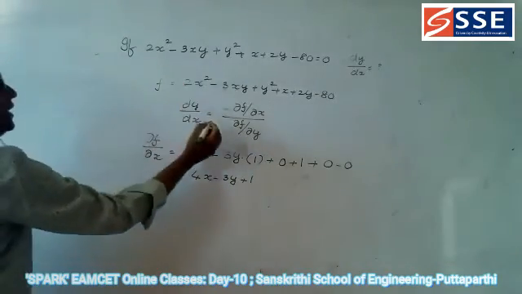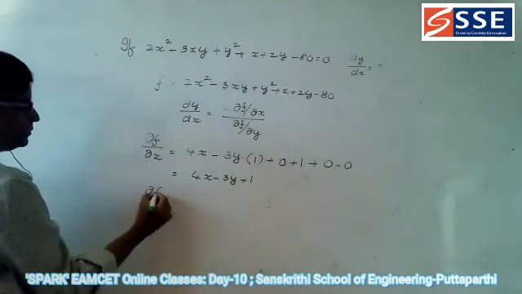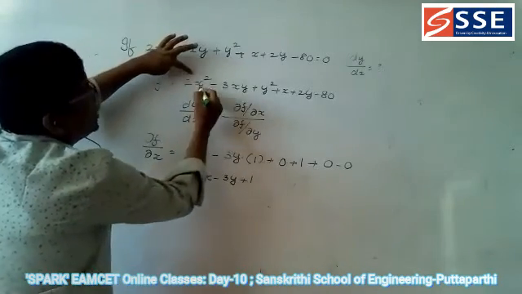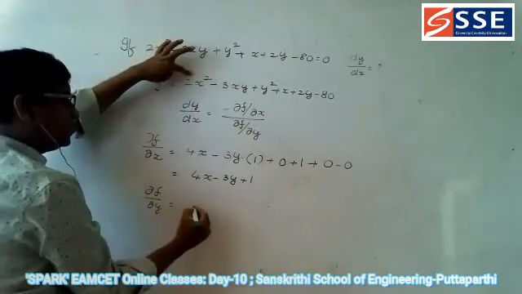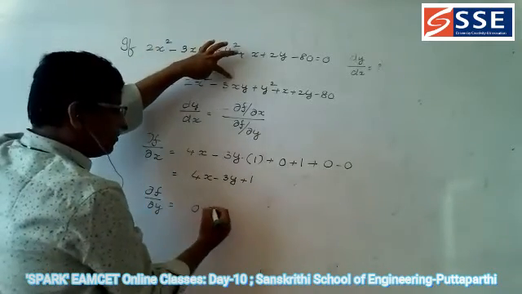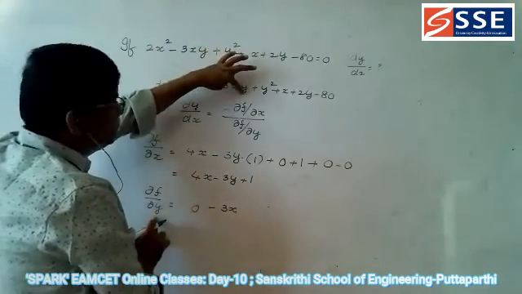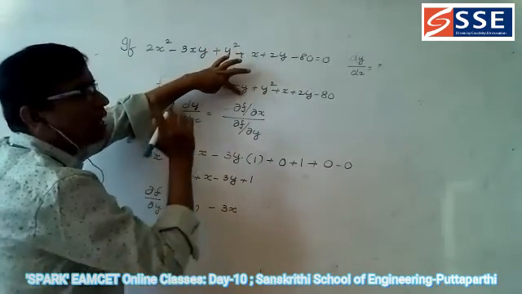Then go for finding dou f by dou y. Differentiate the given function with respect to y. Since we are differentiating with respect to y, the x term becomes 0. Here minus 3x, take the constant outside, differentiation of y with respect to y is 1.